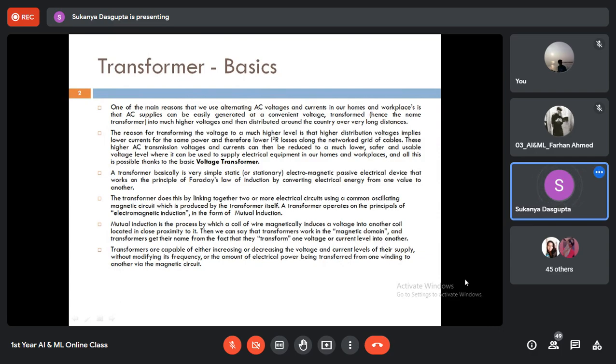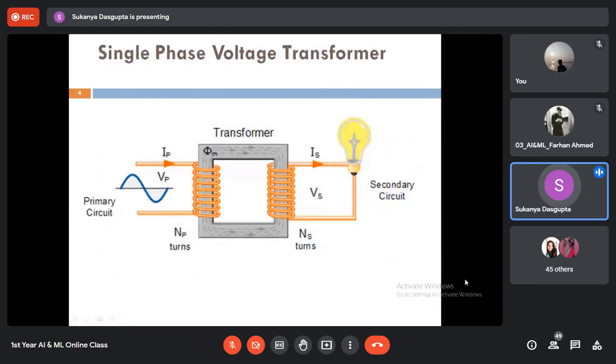Okay. Namaste. So next, moving to the mutual induction, which is the process by which a coil of wire magnetically induces a voltage into another coil located in close proximity to it. That means here in this case, the secondary coil is mutually coupled with the primary coil, because the secondary coil is placed very near to the primary coil.